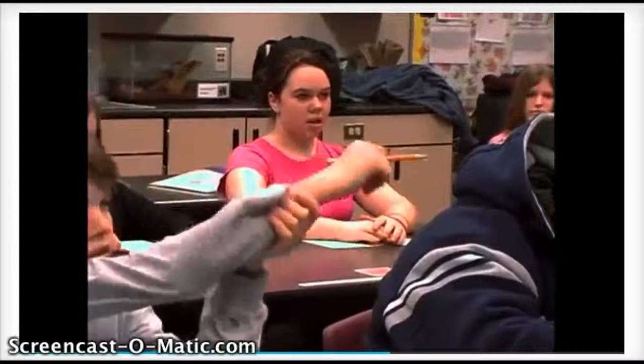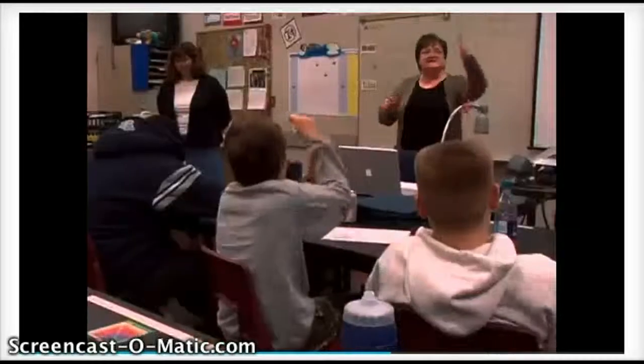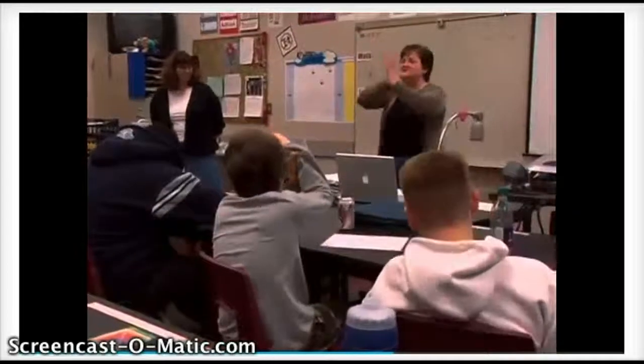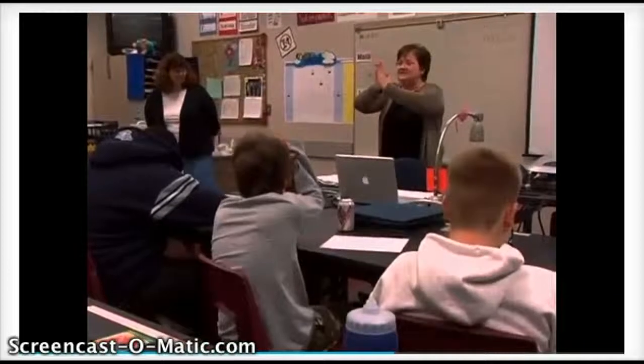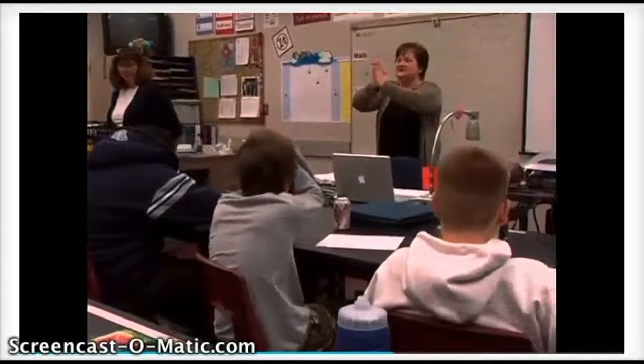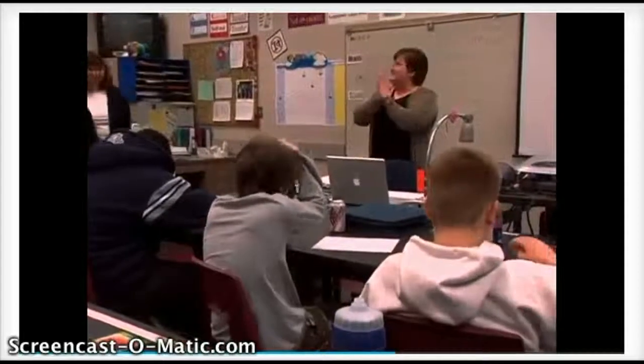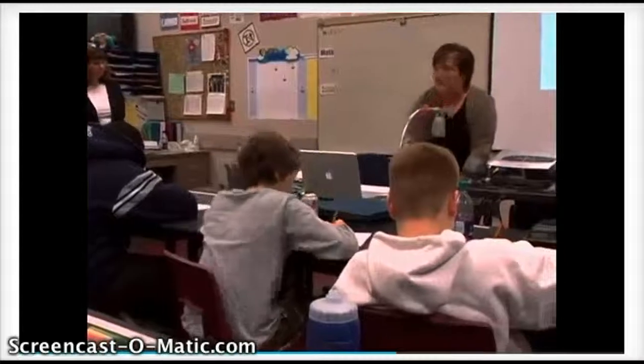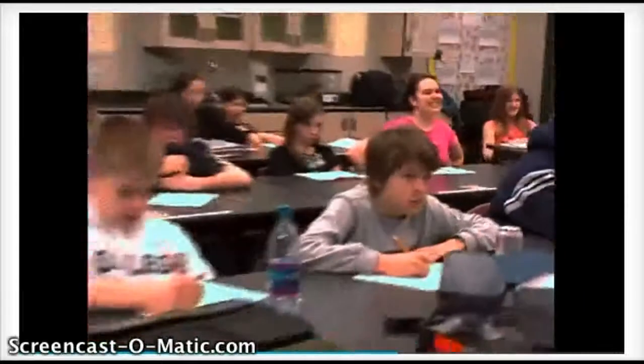Right. So is motion always present? If I'm pushing this way and I'm pushing this way and I'm pushing the same, is there motion? Are there forces though? Okay. So let's put motion under what? Sometimes present.